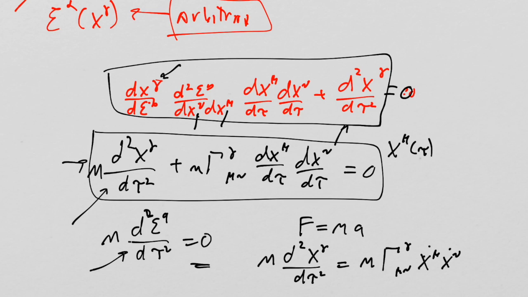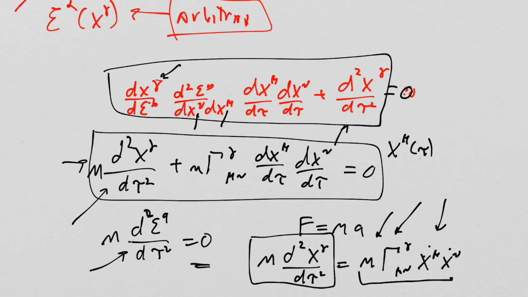So I get the velocities in this new coordinate system times some interesting number, which is the connection, multiplied by mass. So this side has got to be a force because this side is mass times an acceleration. So this is a force.